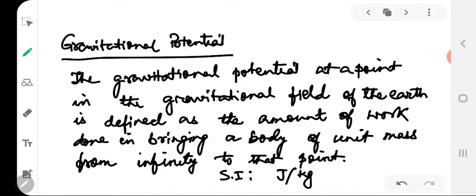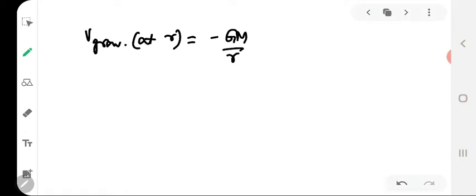Therefore, gravitational potential due to the Earth at distance r from the center of the Earth, if we denote it by V, will be equal to minus GM by r. Thus, gravitational potential at a point is always negative. It increases as one moves towards infinity and becomes zero, that is maximum, at infinity.